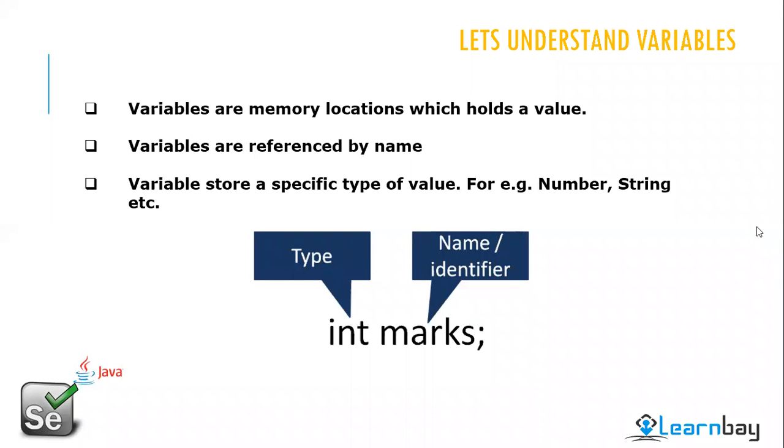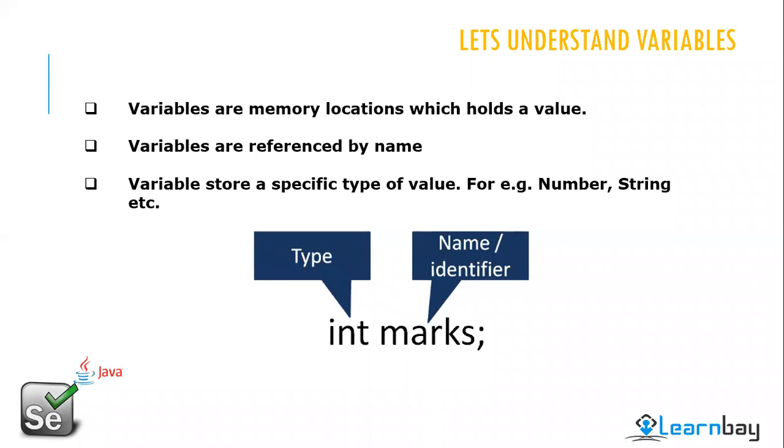So we have something called variables. What are variables? Variables are nothing but a placeholder in Java inside which you can fill in some values, as simple as that. You need to specify what kind of value you want to fill into that particular variable. It's a memory location or a memory block that is assigned by the name of the variable.